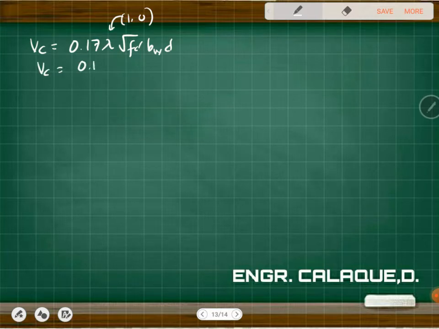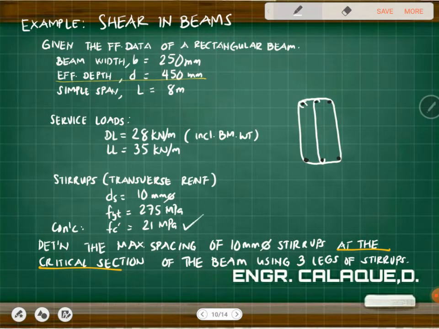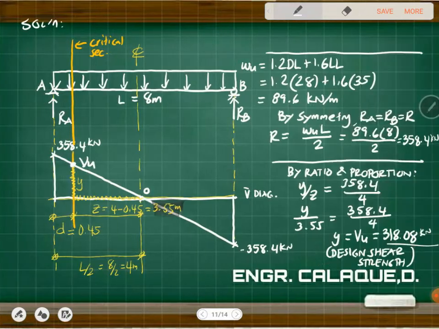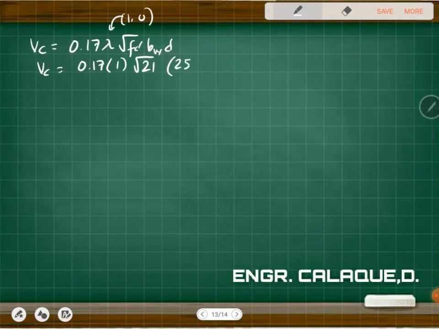So we have 0.17 times 1 square root nung 21, and then yan 250 tsaka 450. So you take note, naka mm to tsaka megapascal. So divide ko na lang to ng 1000 para yung sagot ko automatic kilonewton, para diretso ko mamaya.